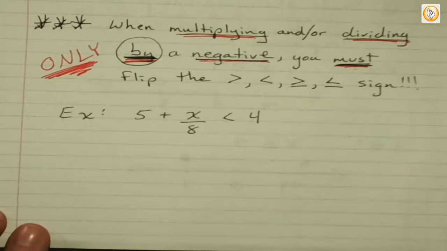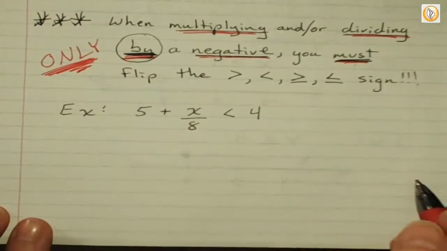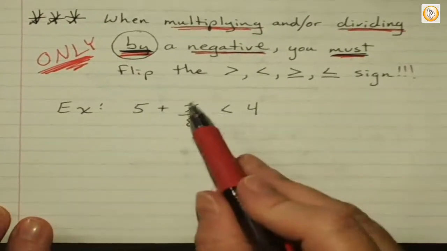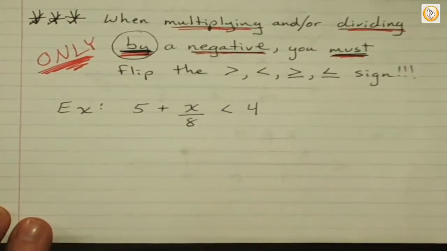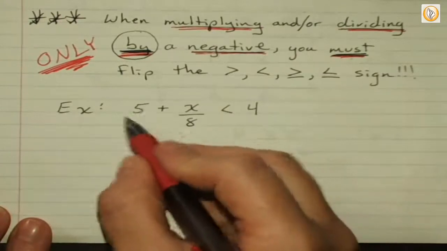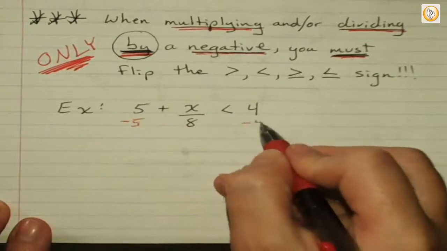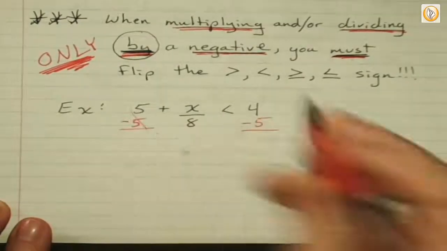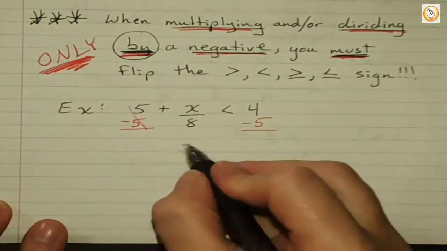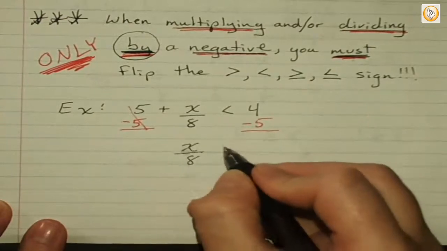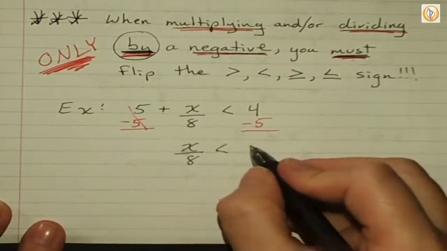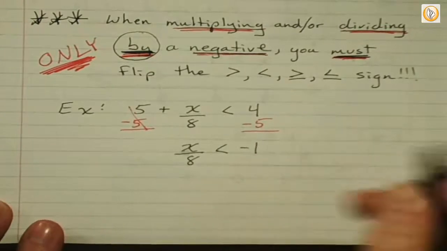Joseph, what do I do first? It's intruder alert. We're isolating. We want to get x all by itself. So what do I do first? That's right. So we got to get rid of the first intruder. So we're going to subtract 5 on both sides. And I'm left with x over 8 is less than negative 1.